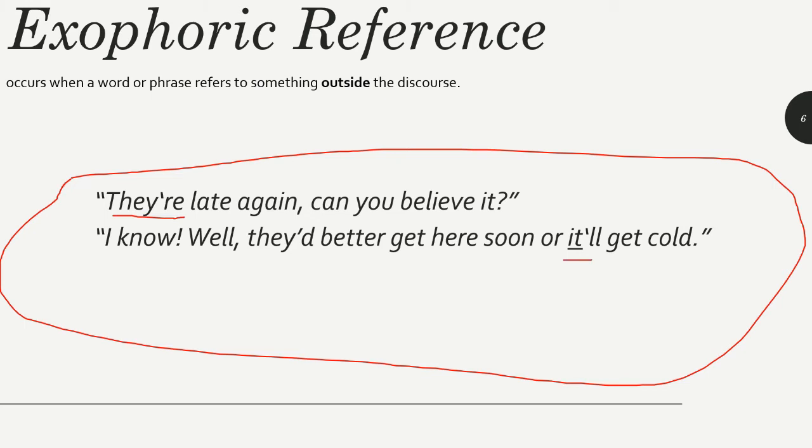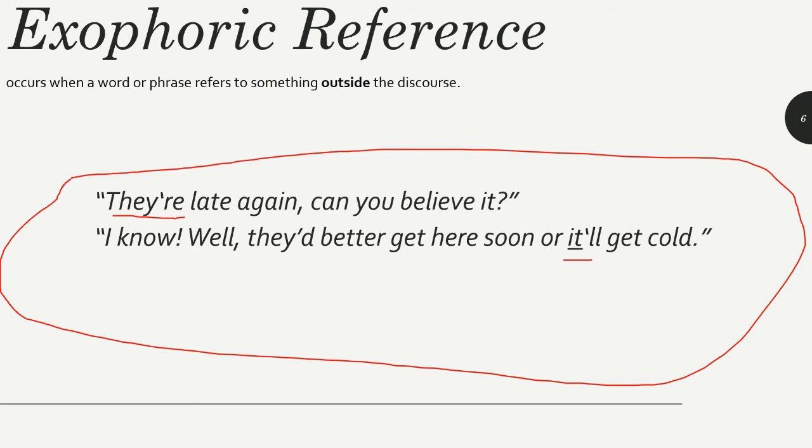There refers to someone they told, but it didn't mention it in the sentence. And it, we can assume it was maybe a dish or a drink. So in exophoric reference, maybe it will show an incomplete sentence or conversation without mentioning the source of the reference.